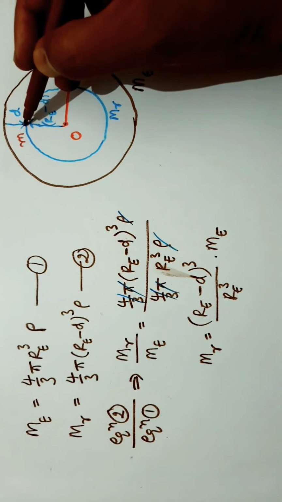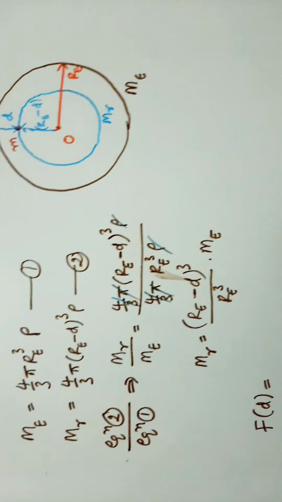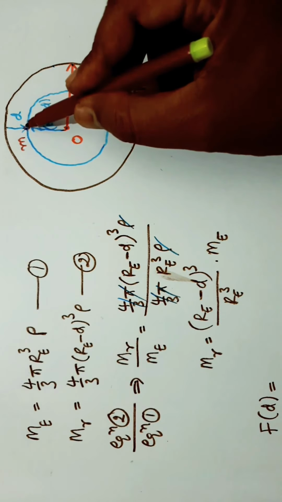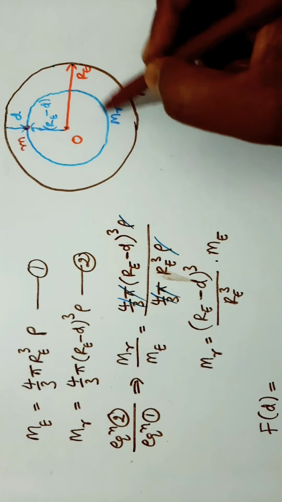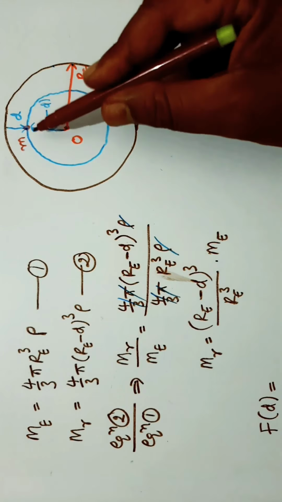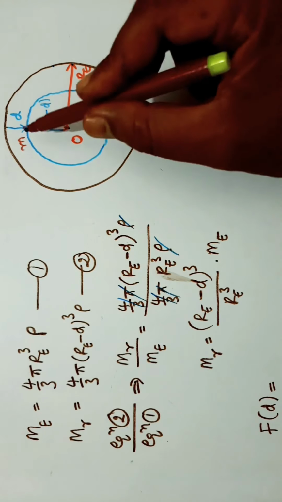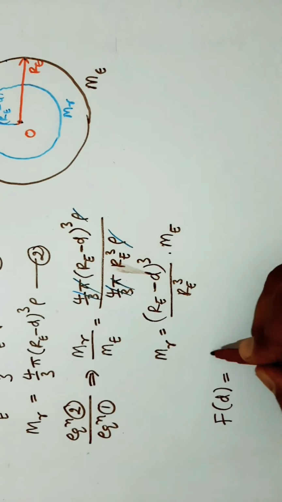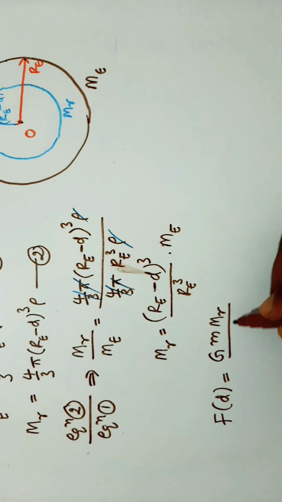At depth D, the force of attraction is how much? So here the force of attraction F of D is equal to, how can we write? G m1 m2 by r square, where mass m1 is equal to m, mass m2 is equal to mr. So here it is a sphere, and the entire mass is concentrated at the center.